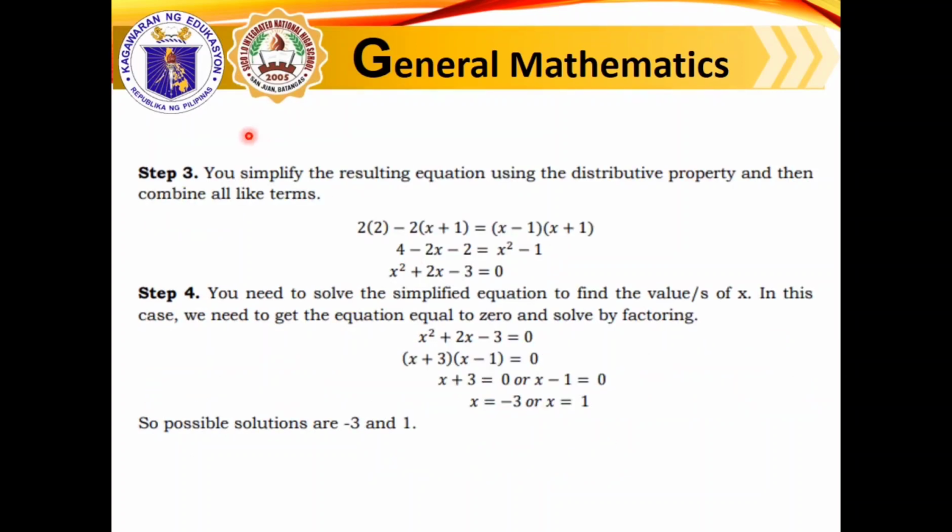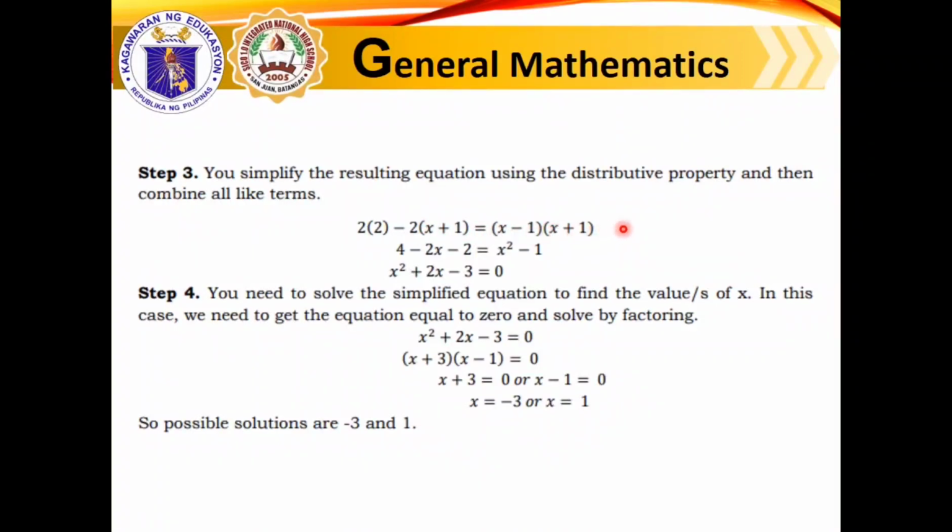After multiplying the least common denominator with the original equation, we will proceed to step 3. You simplify the resulting equation using the distributive property and then combine all like terms. So we will now simplify: 2 times 2 minus 2 times the quantity x plus 1 equals x minus 1 times x plus 1.